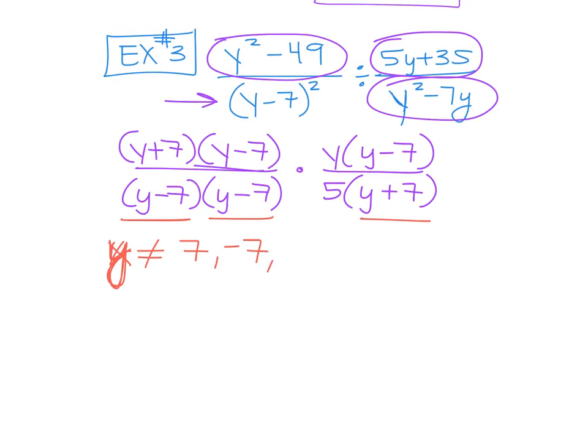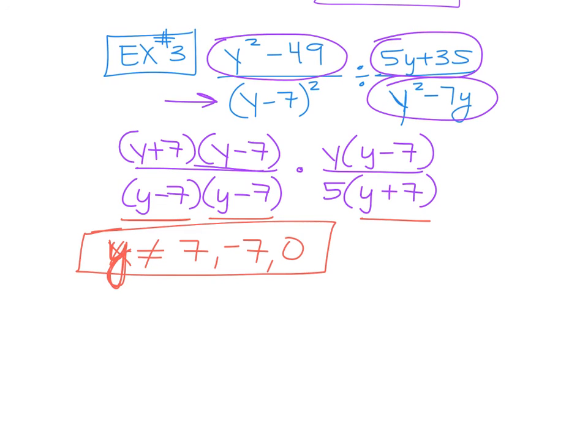Negative 7. What about up here? Because that was on the bottom. 0. This can't be 0 by itself, so y cannot equal 0. So don't forget about that last one. Okay, so those are your restrictions.